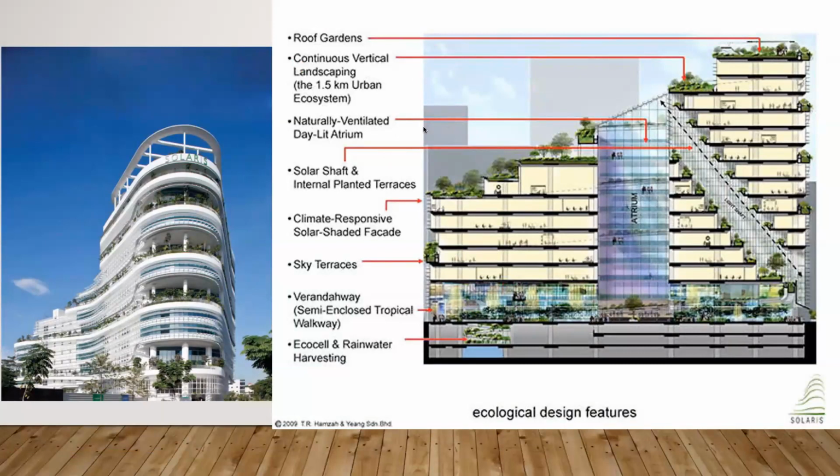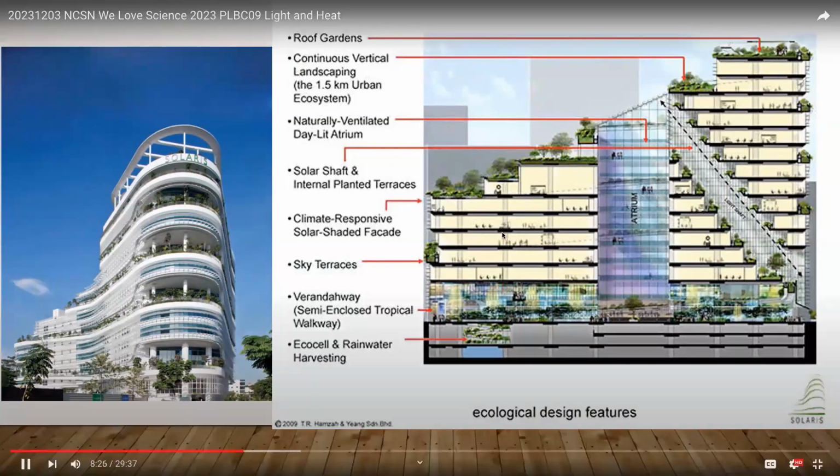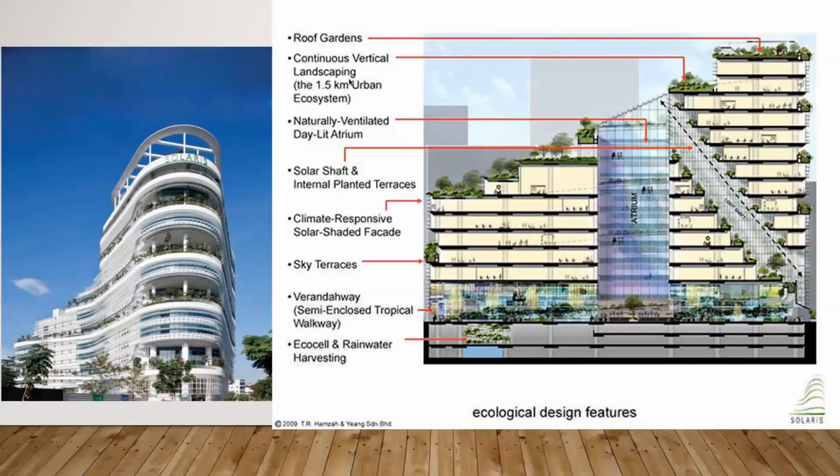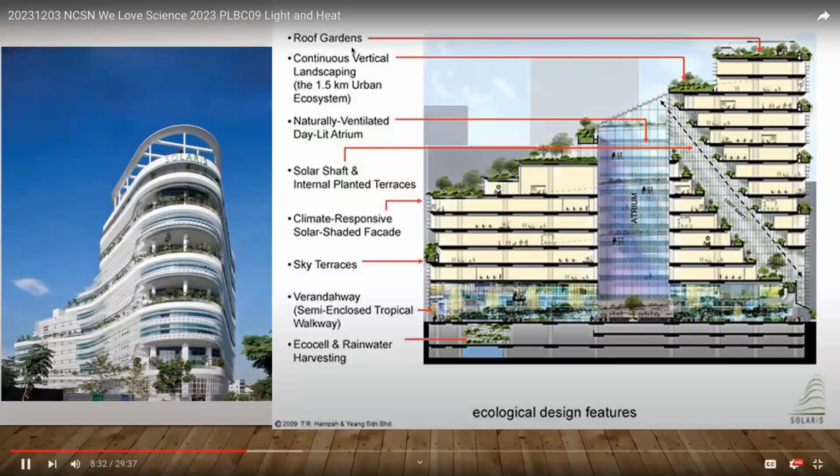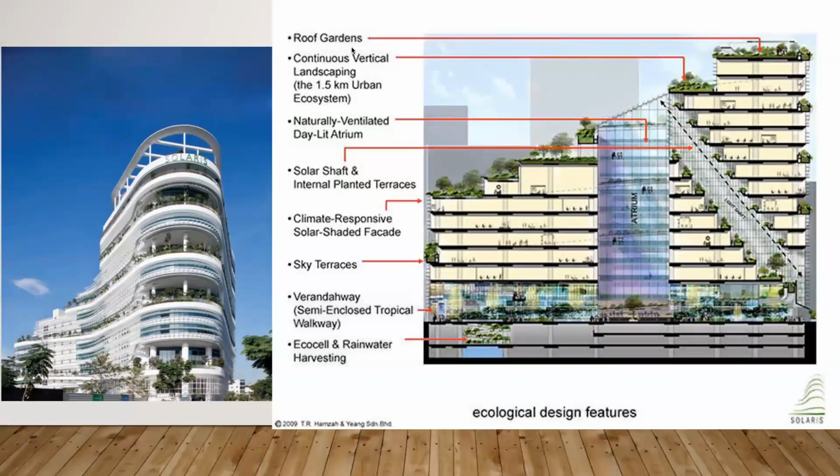Well, why is this building so special? How did this building manage to save energy by allowing light to pass through it? Well, you can look at the atrium here, in the middle. This is made of transparent materials that allow most light to pass through them.